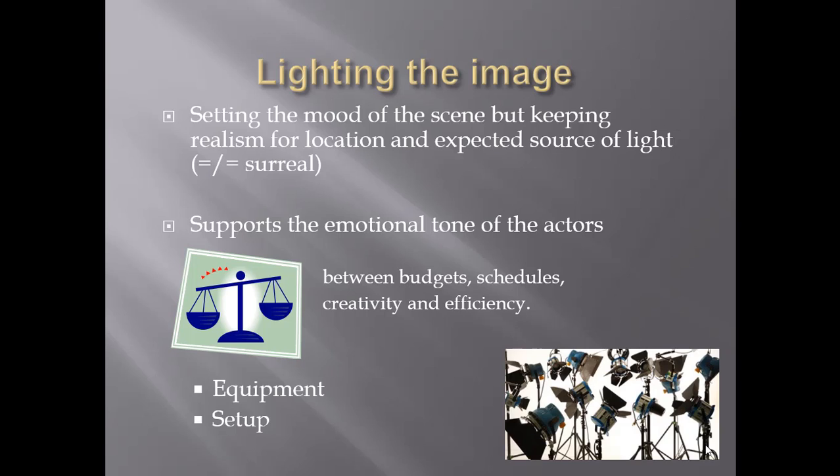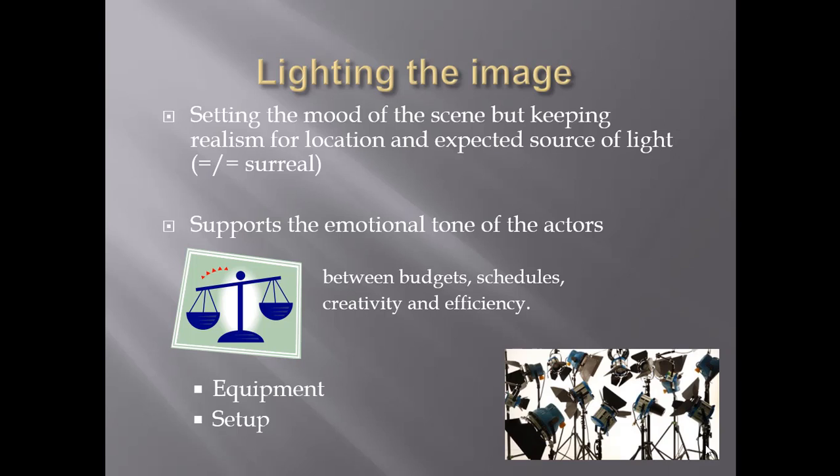Some more details about lighting the image. There are two main functions about cinematography. One is to reflect the realism for location, unexpected source of light, otherwise you would have a real film.